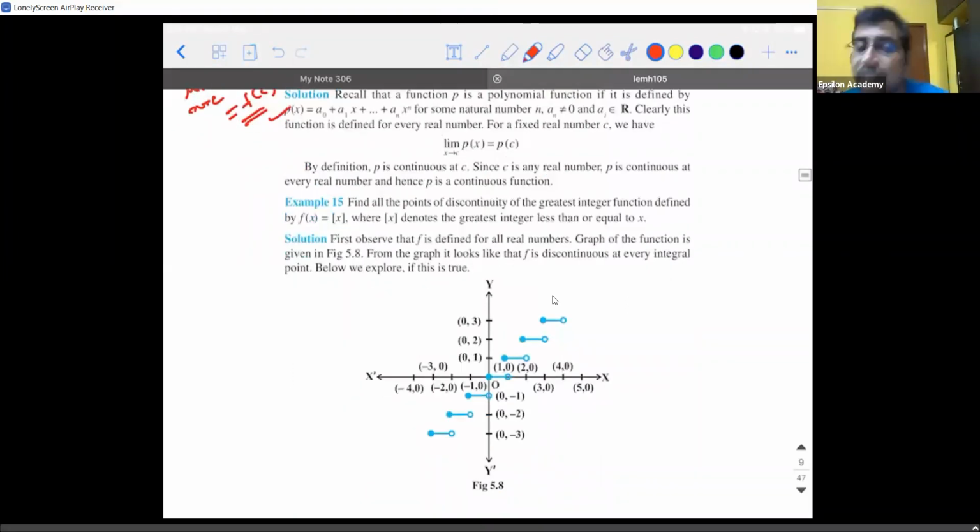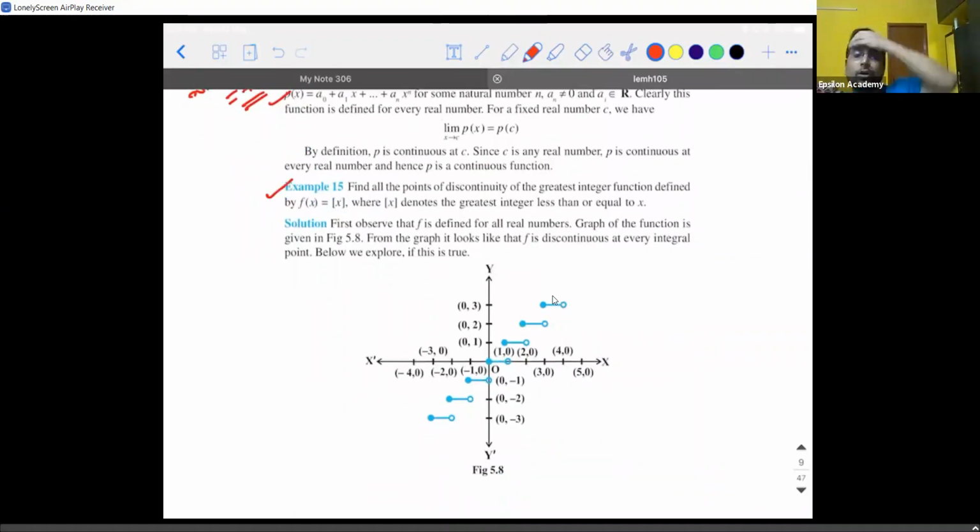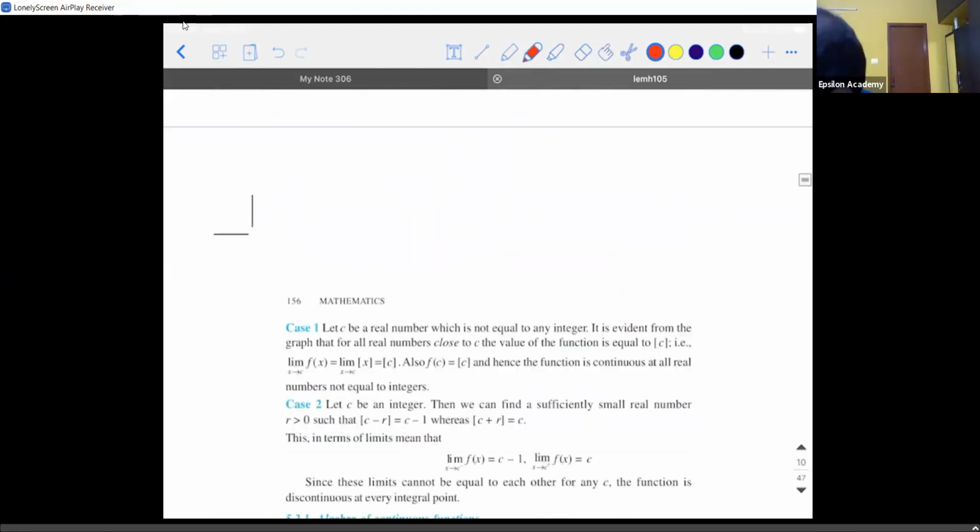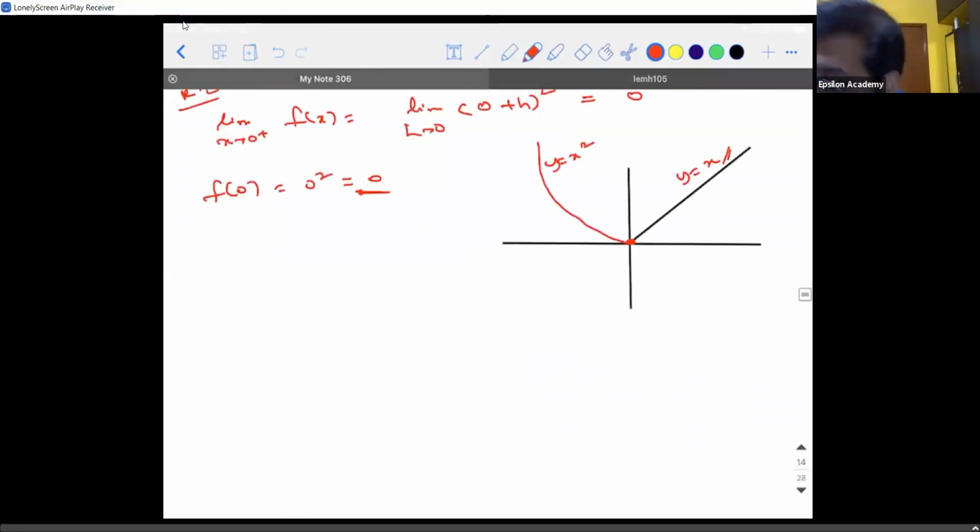Similarly, example number 15. Find all the points of discontinuity of the greatest integer function defined by f of x is equal to greatest integer of x. Mark it as an important problem.